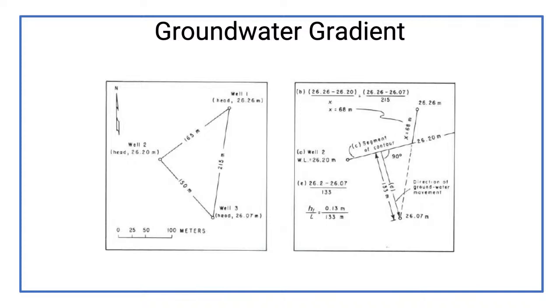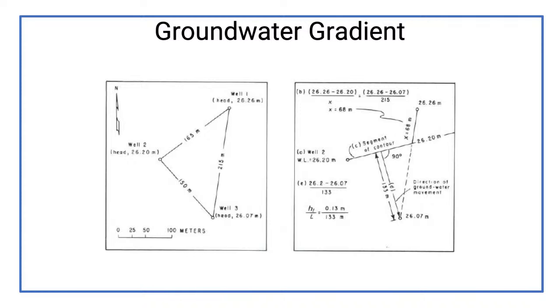We'll plot that and draw a line from well 2 to that point on the line, and that'll be a straight line. Our groundwater flow direction is then going to be perpendicular to that line. So that's how we calculate the flow direction. Now we've calculated our actual gradient and our flow direction.